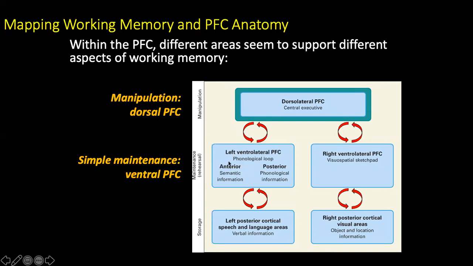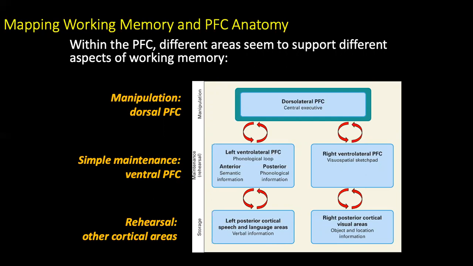You can break it down into the anterior part of left ventrolateral prefrontal cortex being more semantic information, whereas the posterior part of ventrolateral prefrontal cortex might be more phonological information, right? And then in the right hemisphere, ventrolateral prefrontal cortex is where our visual spatial sketchpad is, so that visual and spatial component of our working memory, which again is separate from the phonological loop. They each have their own kind of capacity, right? So we can separate that out there.